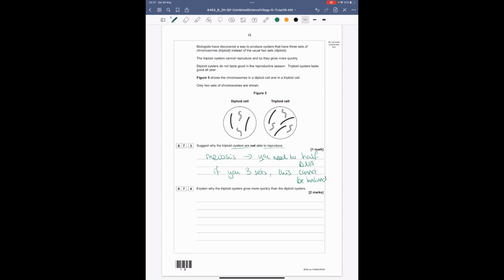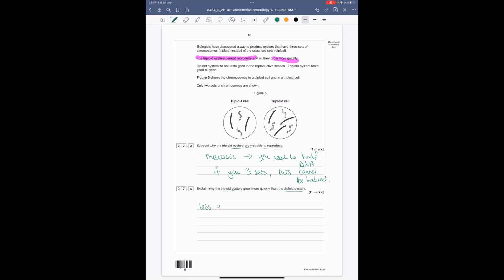(7.4) Explain why triploid oysters grow more quickly than the diploid oysters. So we need to find some information that we've been given about what may affect their growth rate. It says that the triploid oysters cannot reproduce, so they grow more quickly. Why might that be? Well, if they're not reproducing, they're not using energy reproducing.